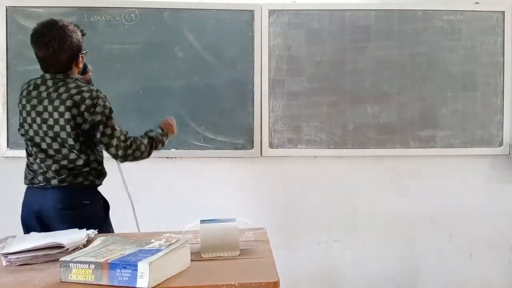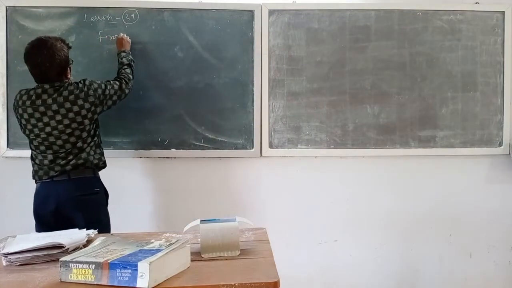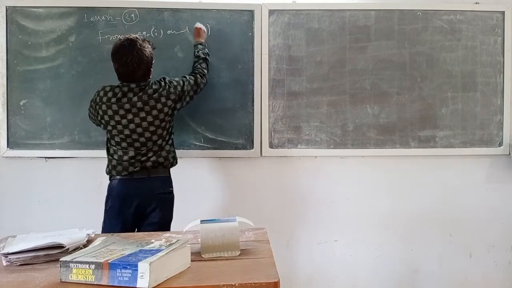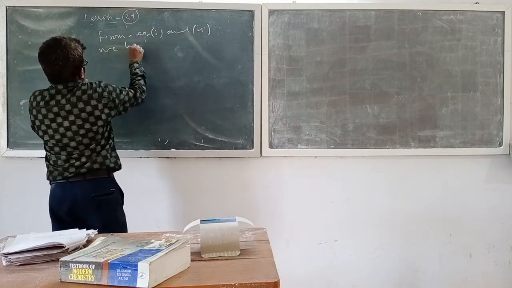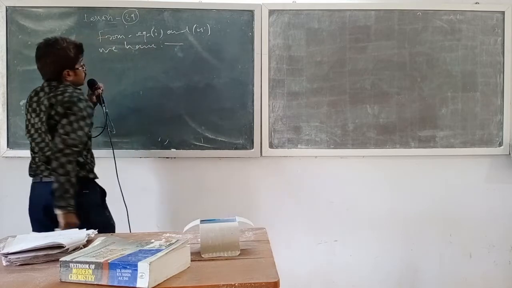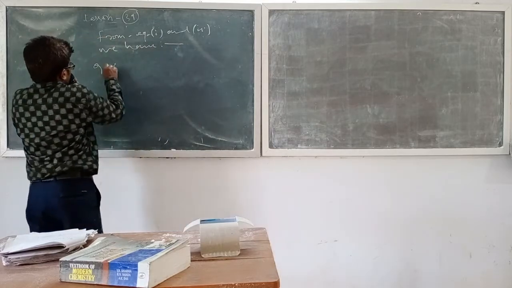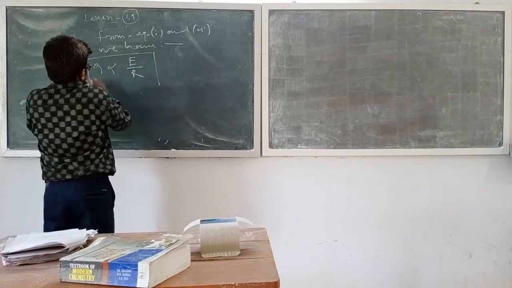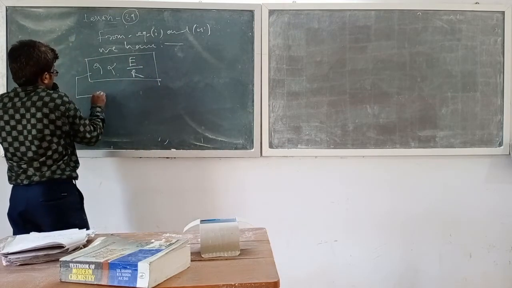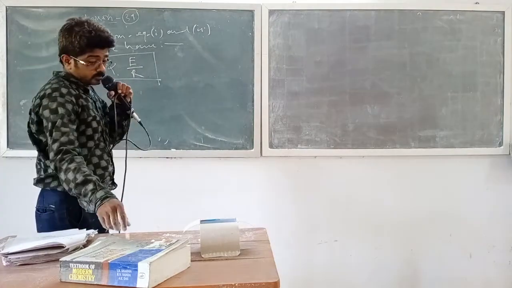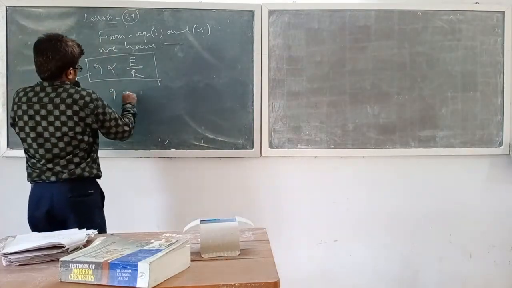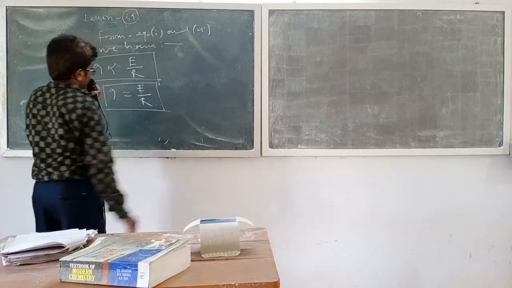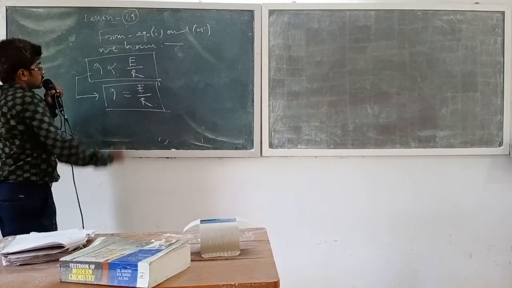So from equation 1 and 2 we have I proportional to E by R. This can be written as I equal to E by R. This is the final equation of Ohm's law.